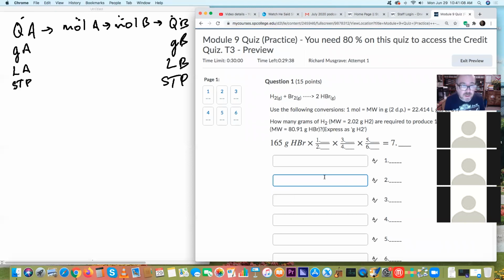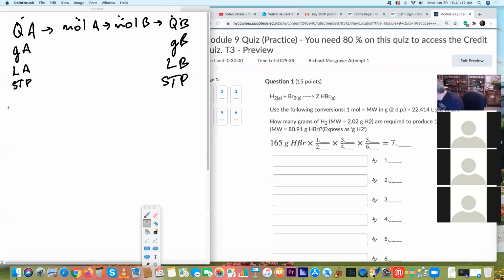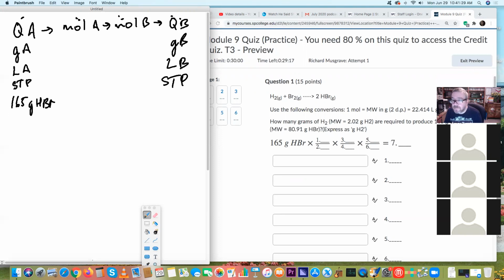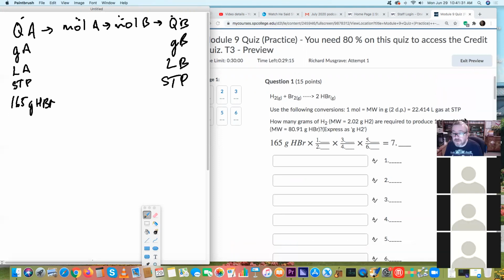So for this one here, again, we're going to be using this modified flowchart. We're starting out with 165 grams of HBr. And what we're looking for here is grams of H2.